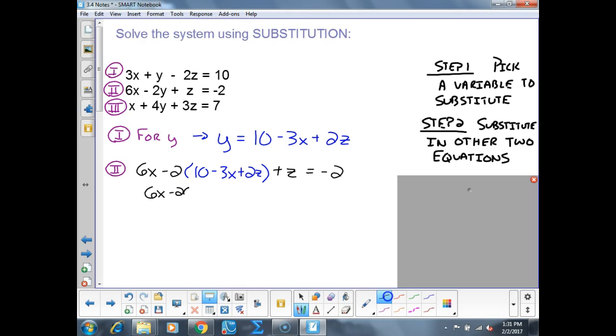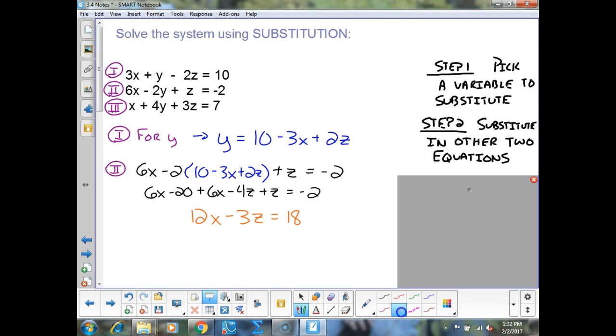So 6x minus 20 plus 6x minus 4z plus z equals negative 2. 12x minus 3z equals 18.